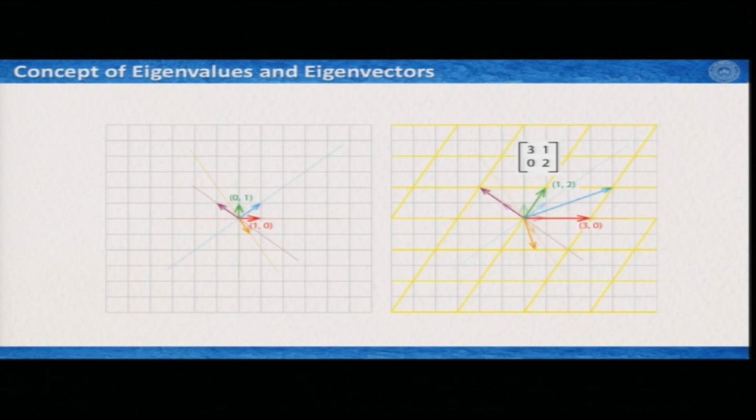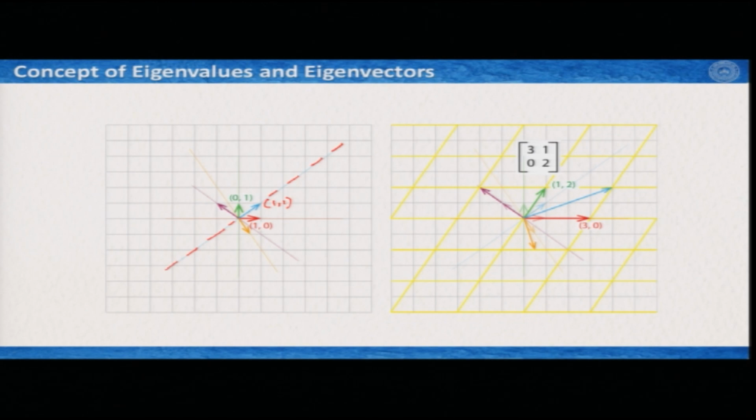And if we try with many other such examples, for example here, apart from this red and green, we can consider this blue vector which is actually 1 1, and this line is the span of this blue vector.